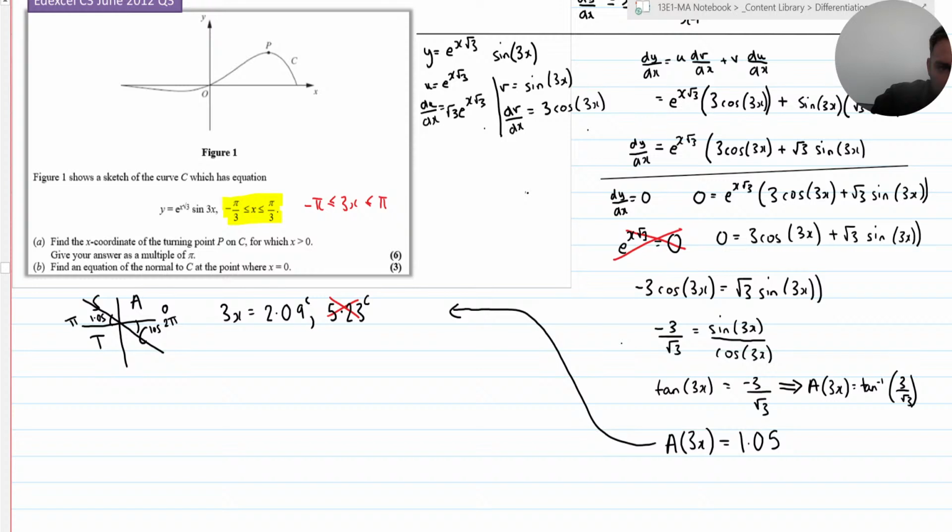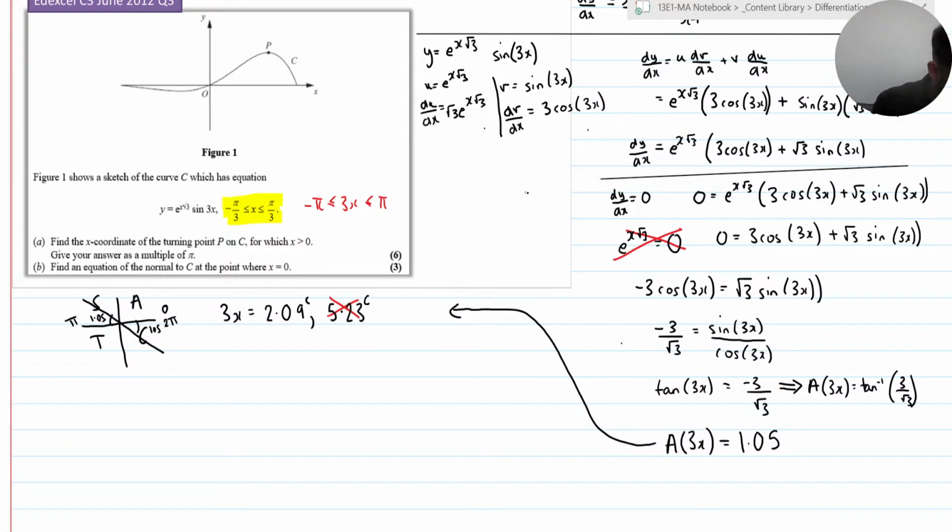Now pi is equal to 3.14. This one definitely doesn't work because it's outside of 3.14. But is there another one inside if I subtract this from here? And I've also just realized they said they want it in terms of pi, which is really annoying. Let's just do that again.